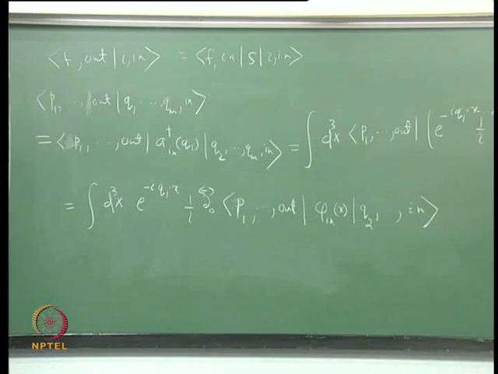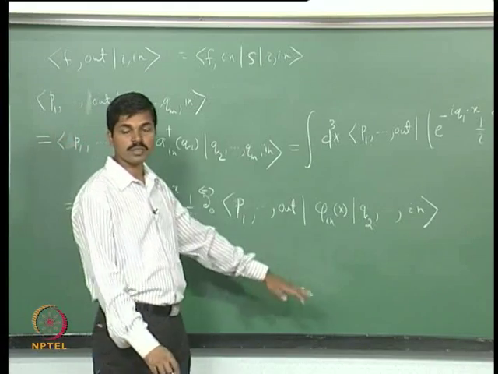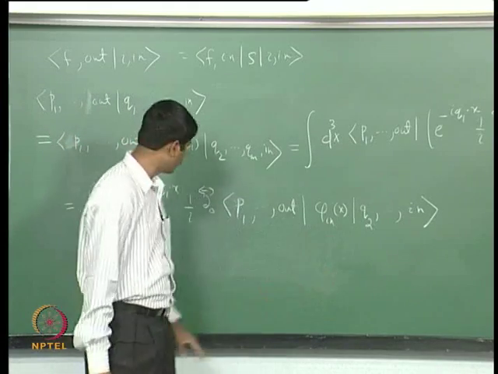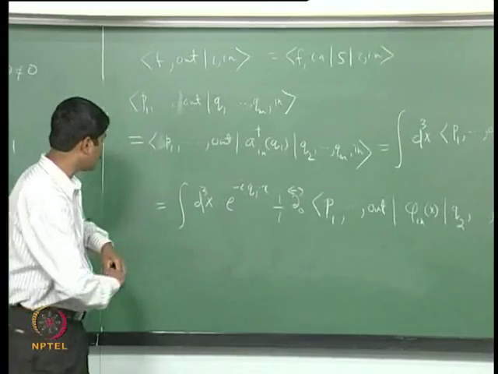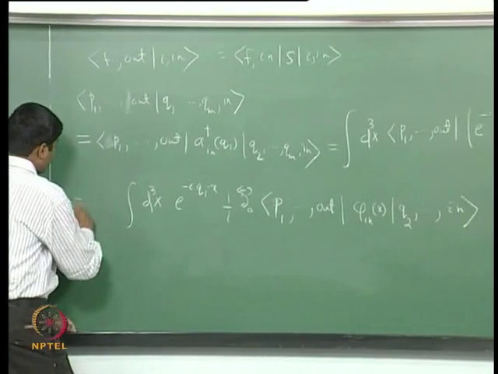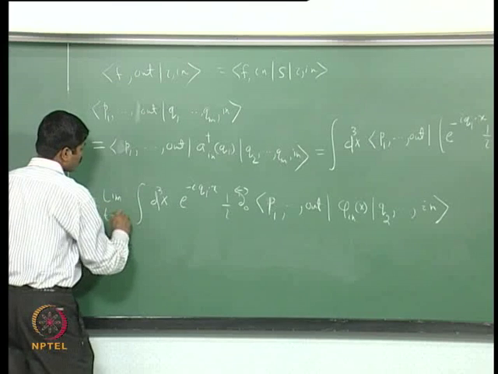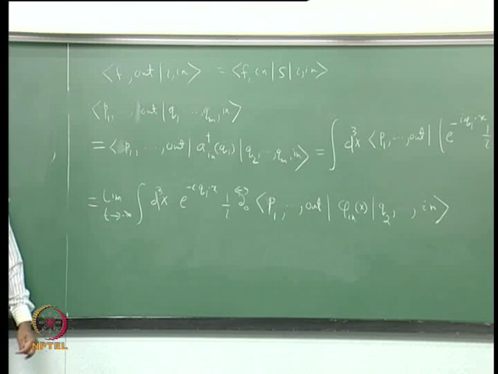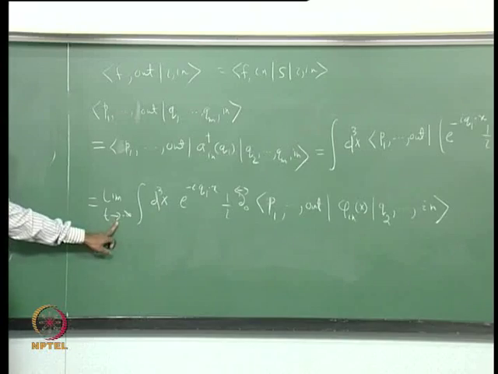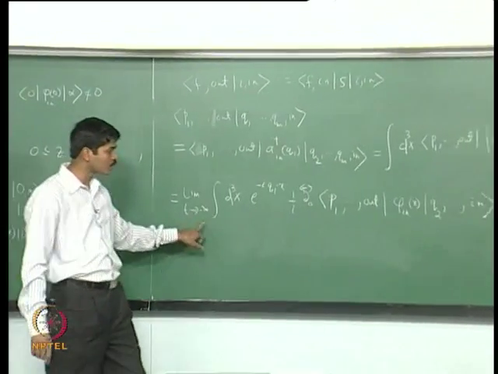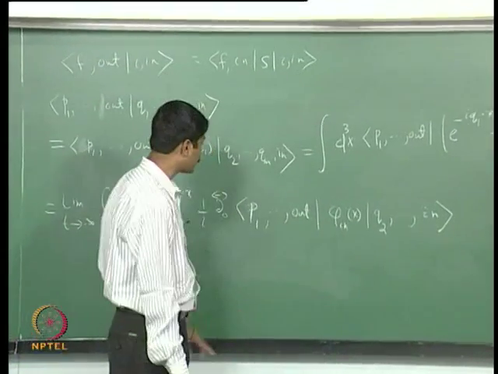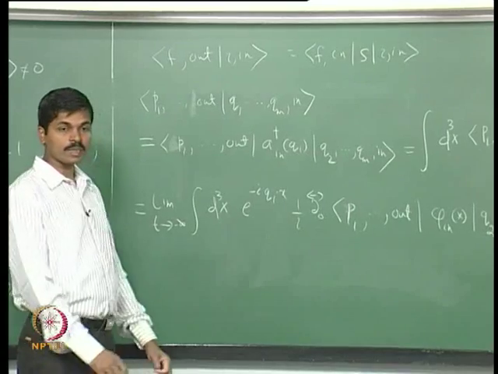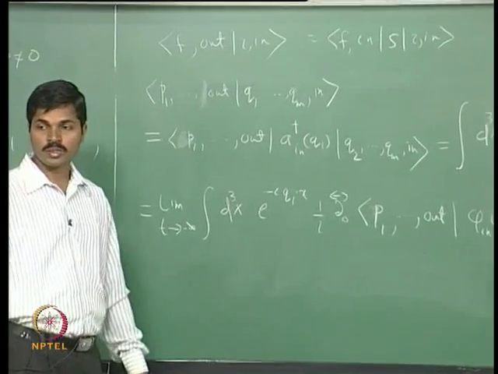Now, since I can evaluate this integration at any given time, I can evaluate it as t goes to minus infinity. Therefore, this quantity is the same as itself in the limit t goes to minus infinity. But now I know that in the limit t goes to minus infinity, this phi in is related to the interacting field phi by a factor of z to the power minus half.